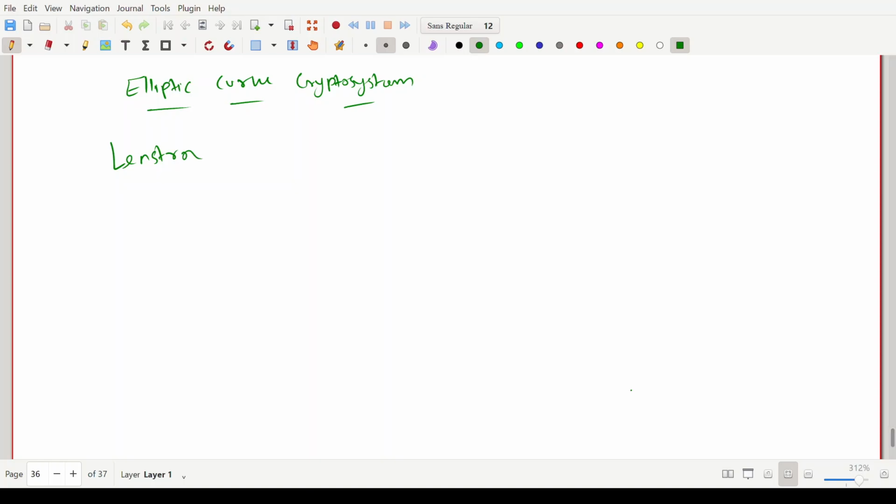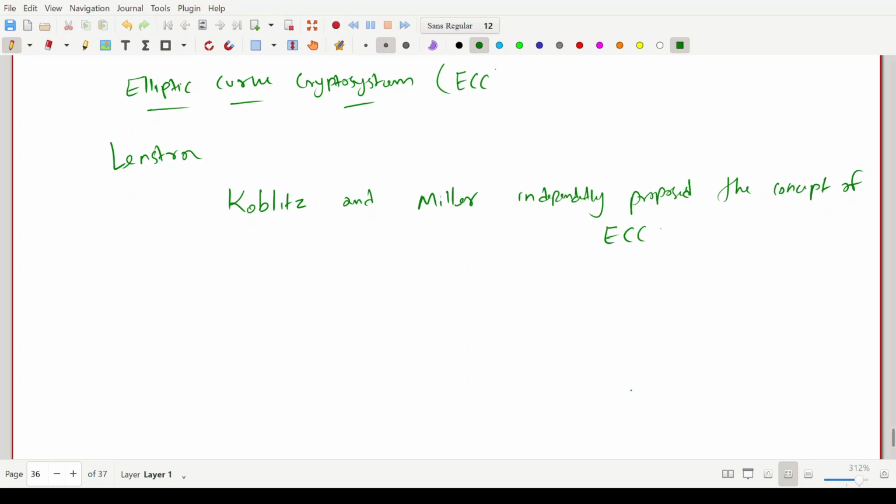Then Koblitz and Miller independently proposed the concept of elliptic curve cryptosystem. Concept of ECC, let me call ECC, elliptic curve cryptosystem.